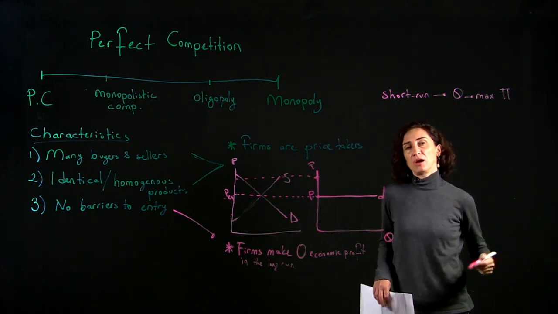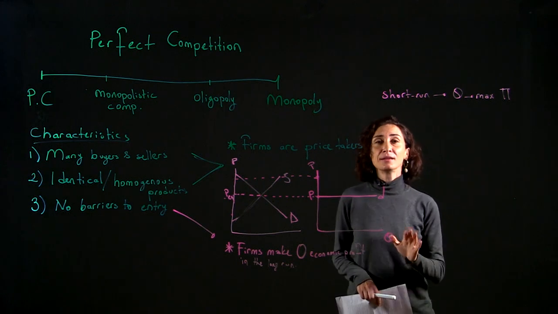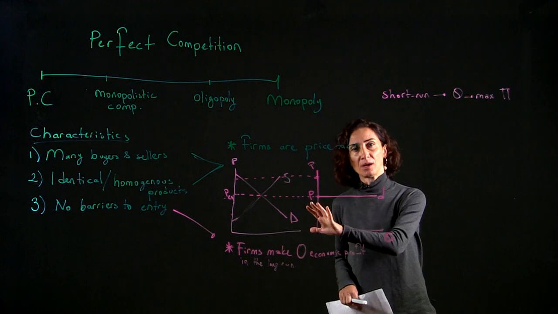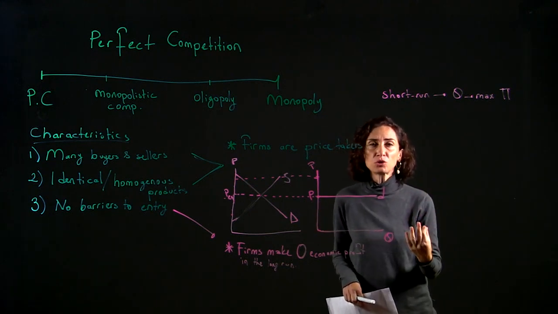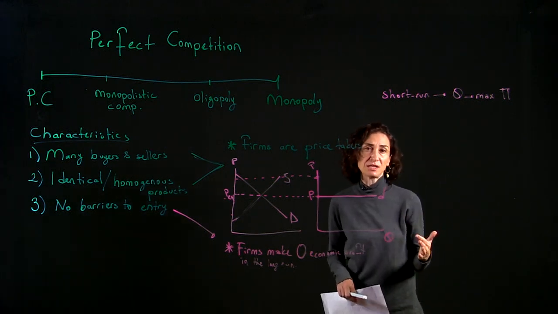Now, in the long run, here is the thing, they can change scale, yes, but let's put that aside. There is something else. Let's say in the short run, a firm is making a loss. It is possible, we will see.